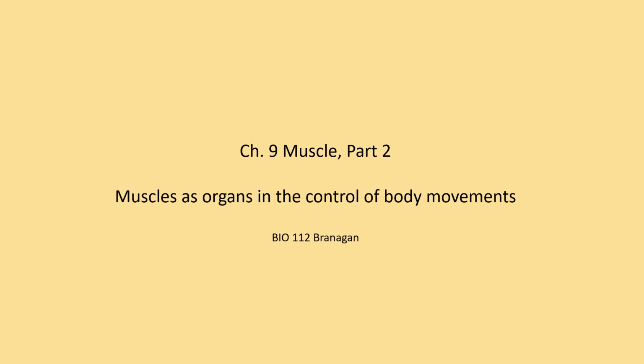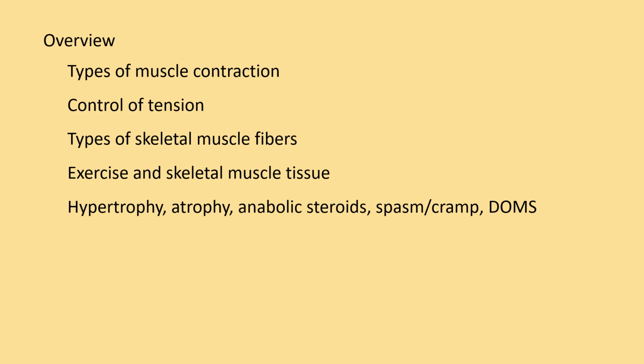In this lecture, we're going to think about muscles at the cellular level, but then we're going to zoom out to think about muscles as organs and how these organs control body movements. In this segment, we will cover all of the topics shown here, starting with different types of muscle contraction.